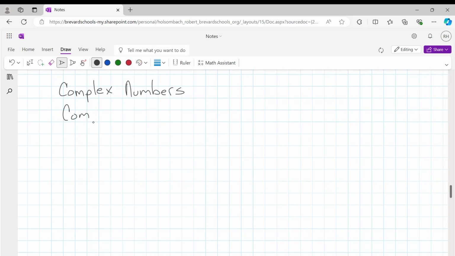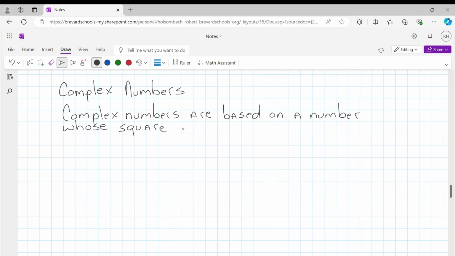Complex numbers are based on a number whose square is -1. And complex numbers deal with an imaginary unit.